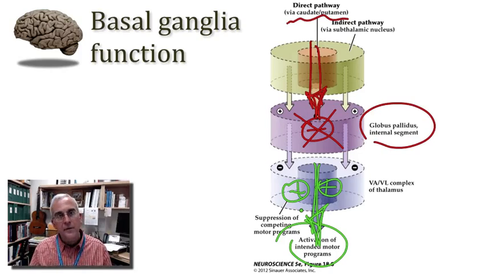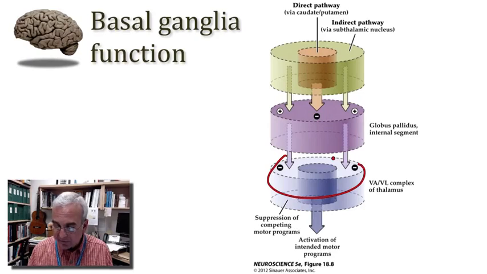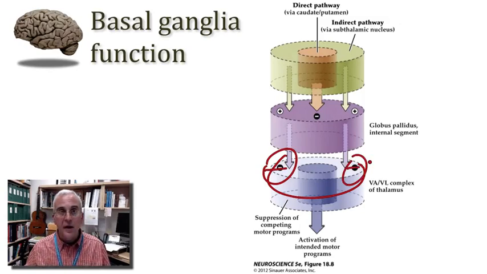So we can think of this surrounding repertoire of movement that we want to suppress as being under the influence of the indirect pathway. And that surround comes into play schematically by this annulus. So we imagine that there is a kind of movement surround being represented in the thalamus that we want to suppress with this activation of the indirect pathway.